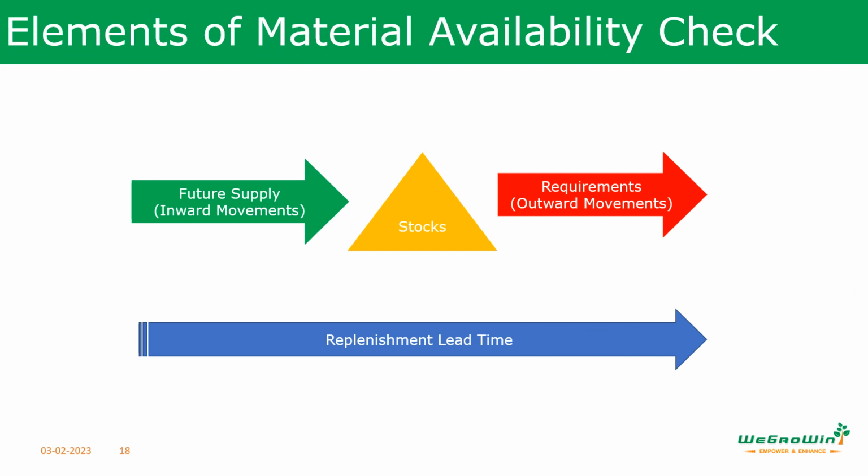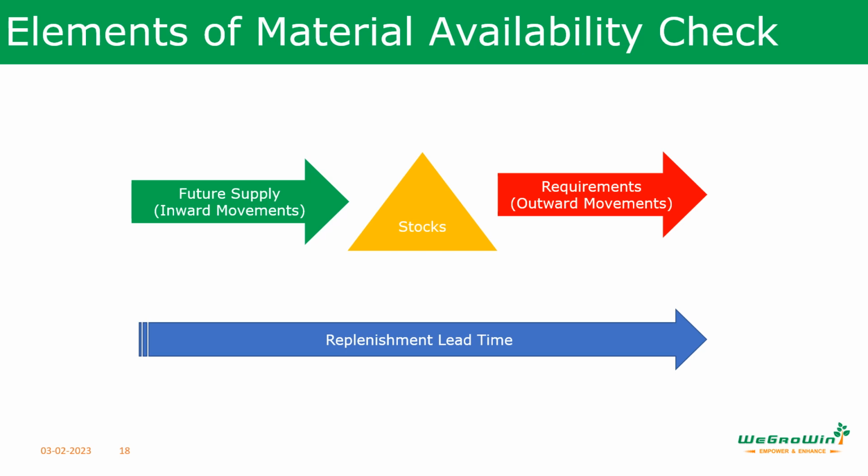While checking the availability of the materials, the system will compare what is the future supply, that is the expected inward movements, and what is the available inventory, and also what are the requirements, that is the expected outward movements.